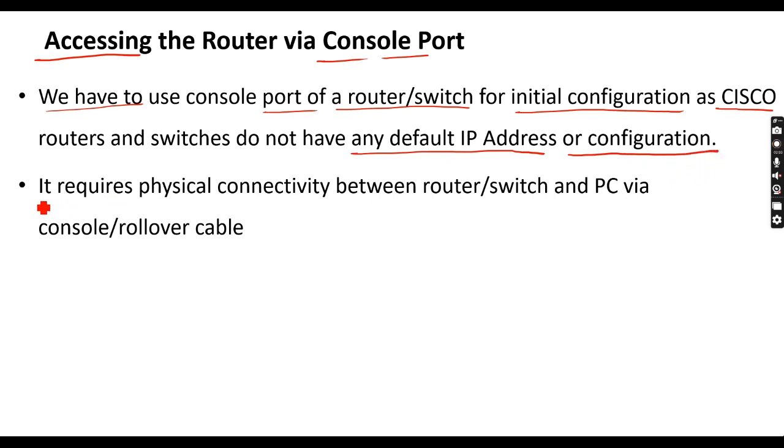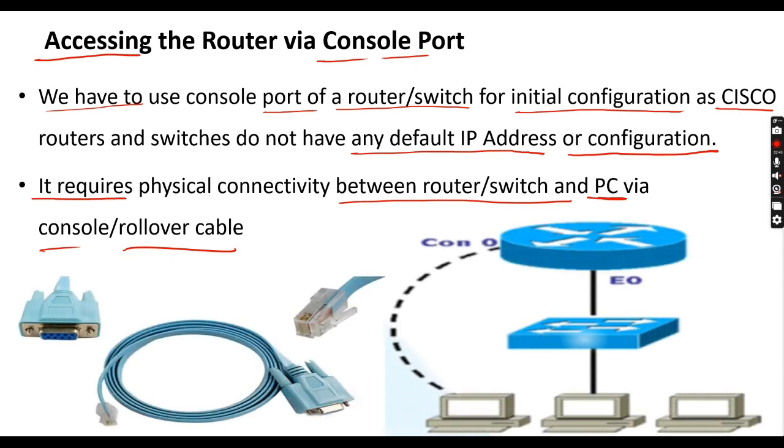Make sure it requires physical connectivity between your routers, switches and the PCs via the console or rollover cable. From the routers, use the rollover cable to connect to your PCs and you will be able to access them. This is for your actual physical routers.